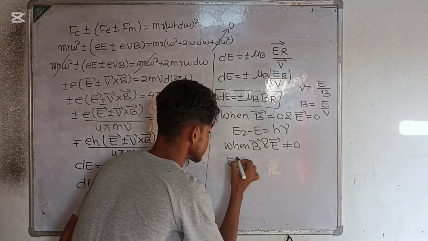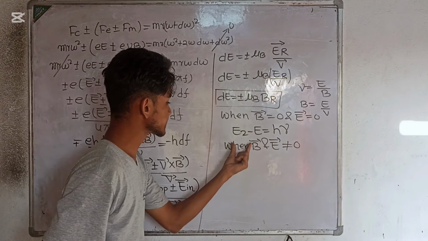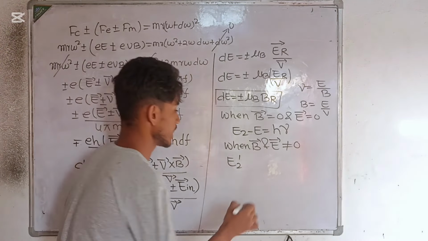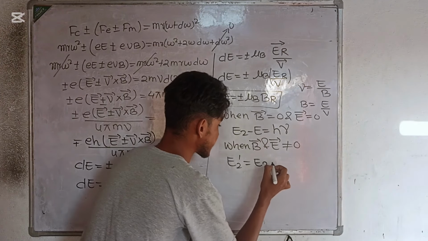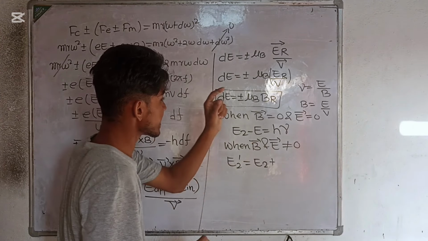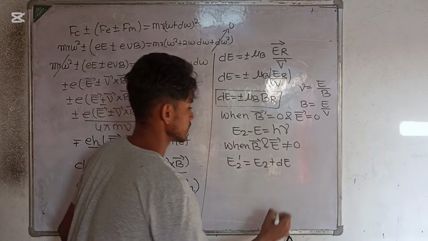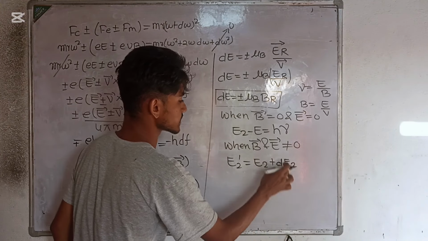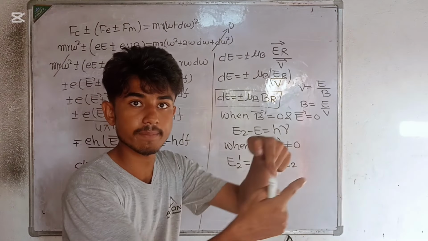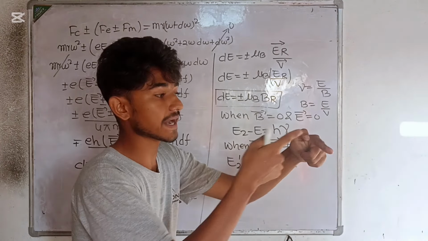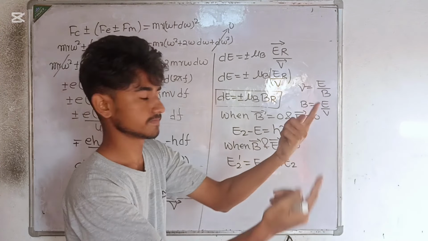So E2 will change to E2 dash, and this would be the energy of the second orbit plus the energy change dE2 due to electric and magnetic field, because the applied field will act upon the second orbit also.